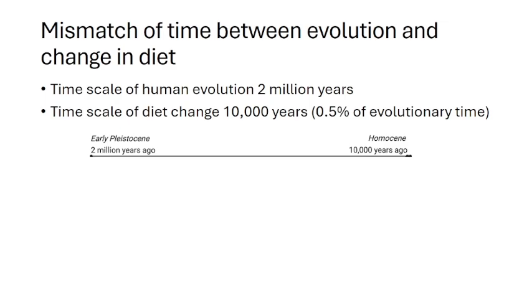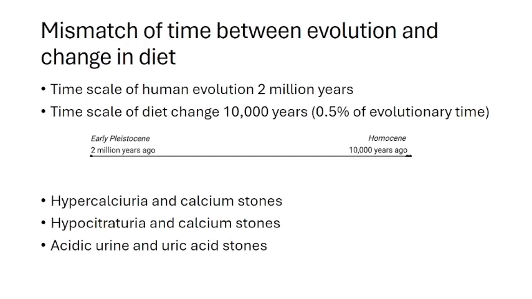So in other words, our bodies and our kidneys are used to a caveman Paleolithic diet, and it hasn't had enough time to adapt to this modern diet that has more salt and more acid precursors, and so this increases risk for stone disease.